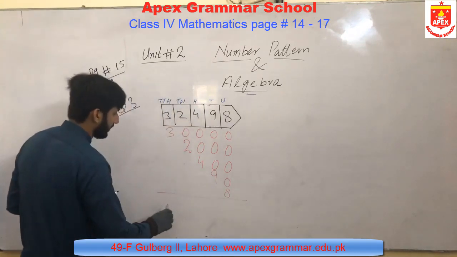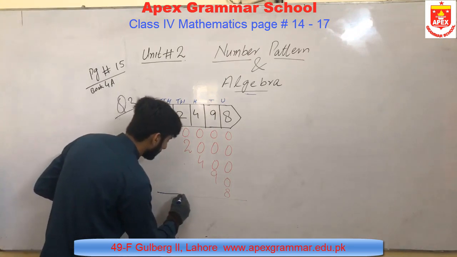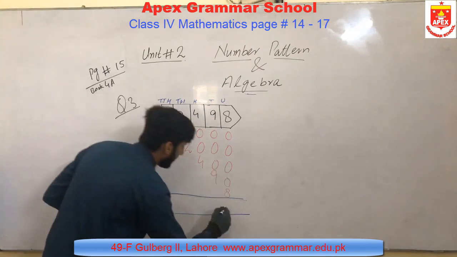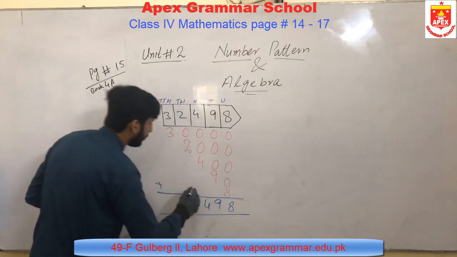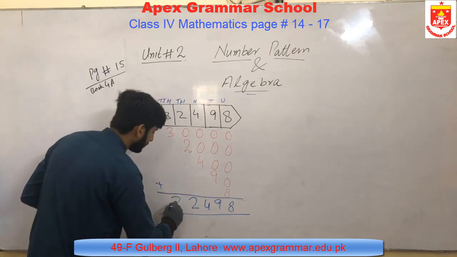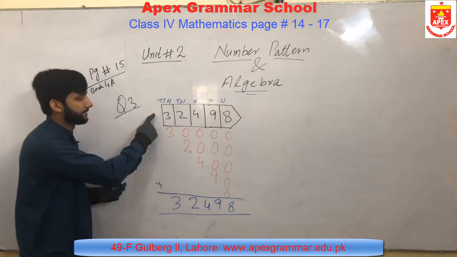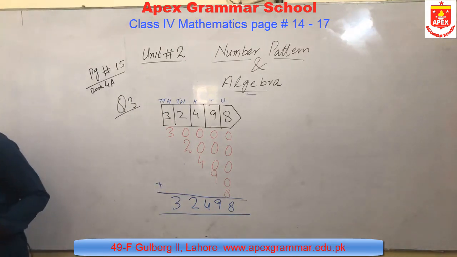After adding all, adding 8, 90, 400, 2,000, 30,000, after adding all these numbers, I will get this result. This is how to find out the position of every number.